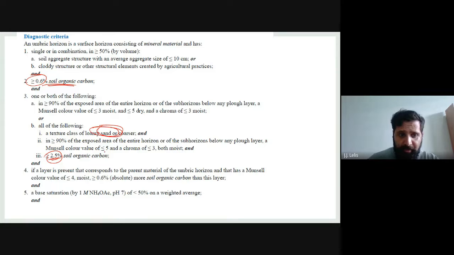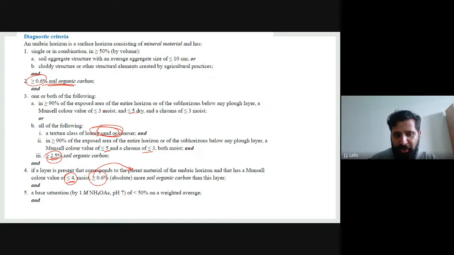And of course, dark colors like here. Okay? And in this case, this layer should present a value that's lower and possess a higher organic carbon content compared to the parent material.